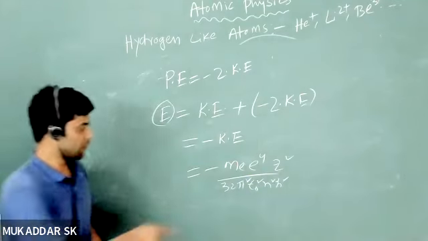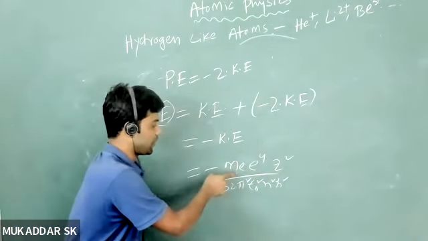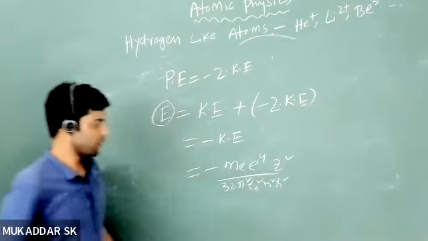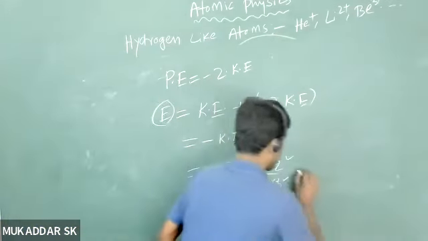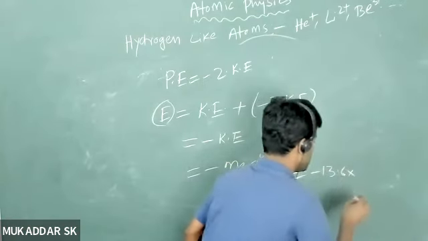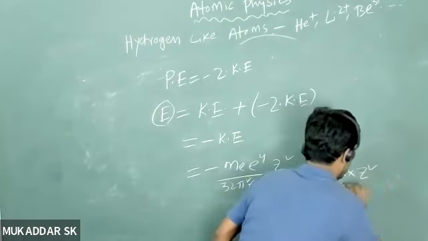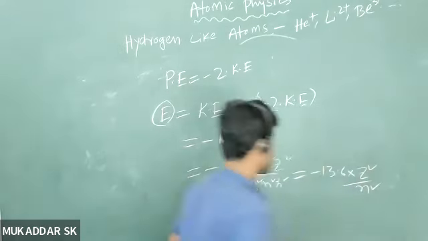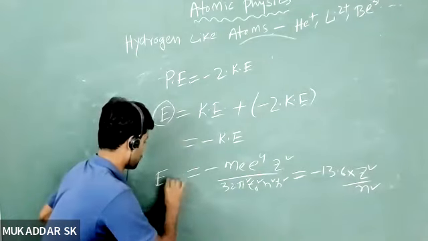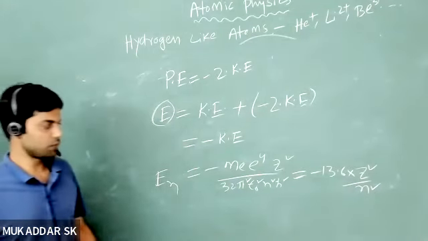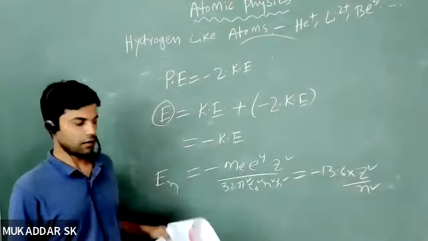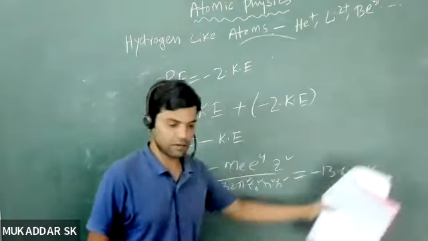Now if you substitute that value of mass of electron, charge of electron, epsilon naught and h cut, you will simply get minus 13.6 into Z square divided by n square. So this is the energy expression for nth level of hydrogen like atom. So we'll get an extra factor Z in the energy expression. Not Z actually, this is Z square.